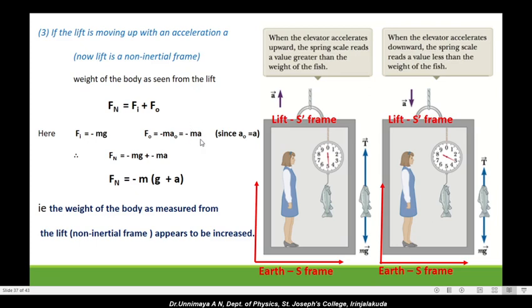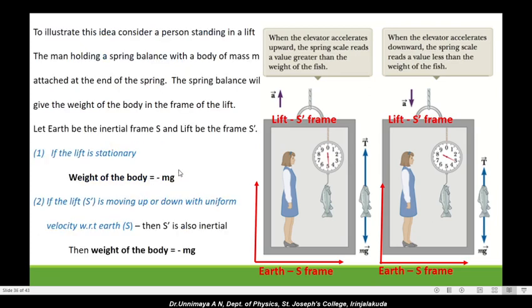ഇതാണ് ഇവിടുത്തെ ഫിക്ടീഷ്യസ് ഫോഴ്സ്. So what will be the total force acting on the body in the non-inertial frame lift? Fn is equal to -mg, the force measured in the inertial frame, plus Fo is -ma. So Fn is equal to -m into g plus a. So we found what is the weight of the body in the inertial frame, and we found out that the weight of the body is -mg.